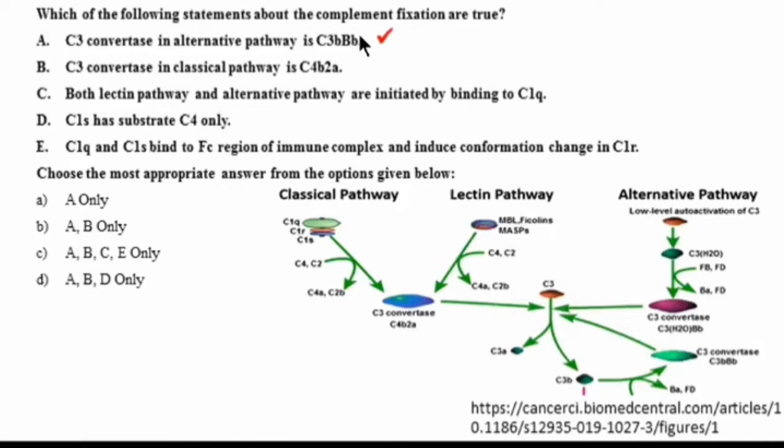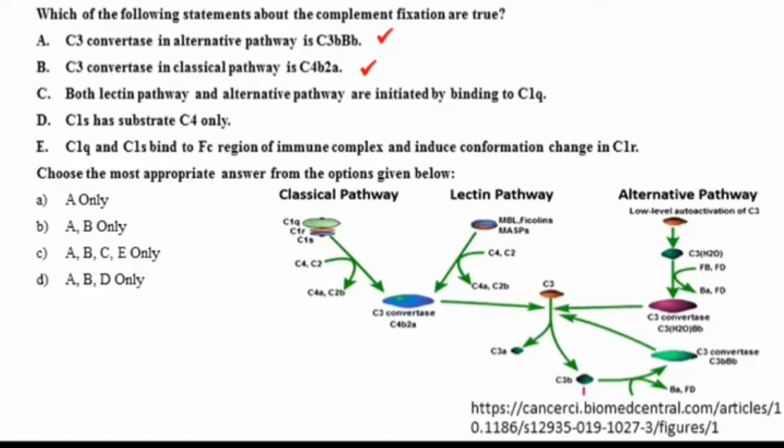So statement number A is correct. Our next statement is C3 convertase in classical pathway is C4b2a, which is also correct. Yes, we can see that C3 convertase in the classical pathway is C4b2a.